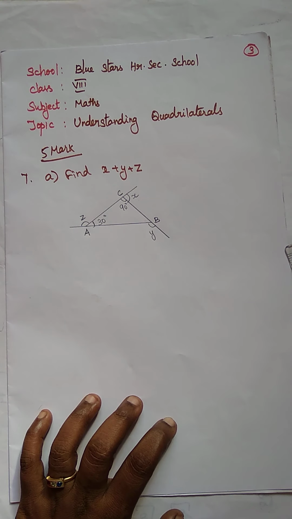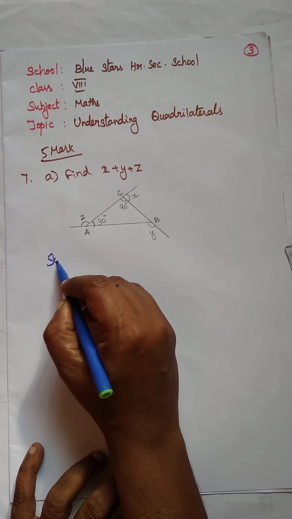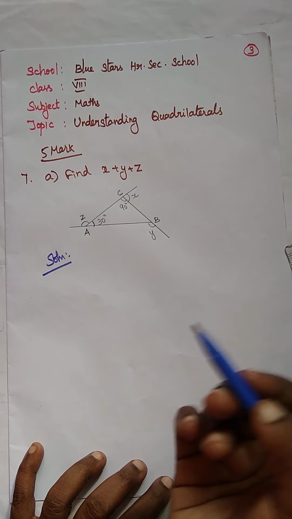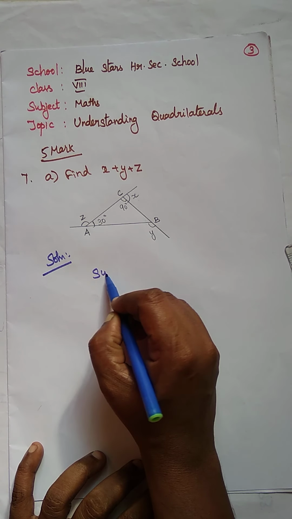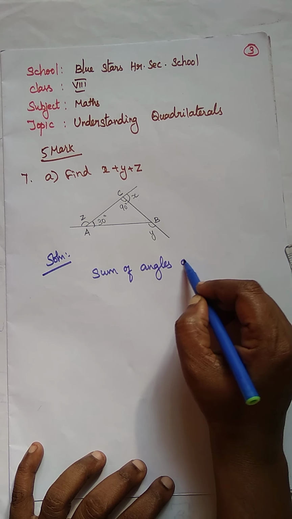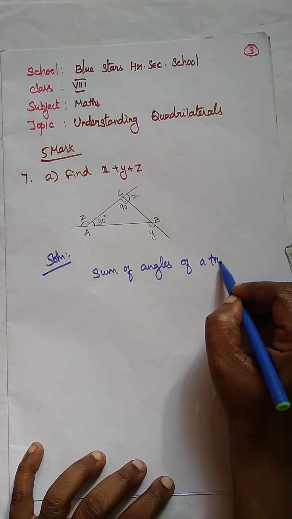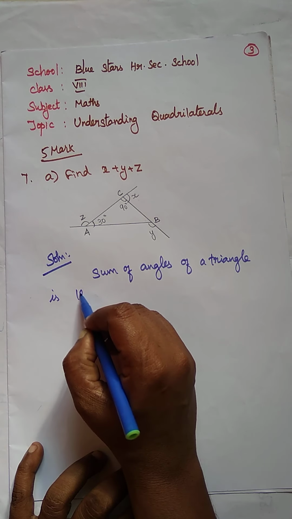In this diagram, the sum of angles of a triangle is what? 180 degrees. Very good.